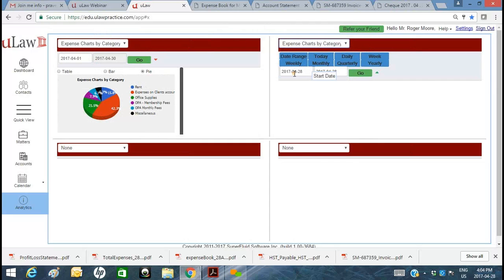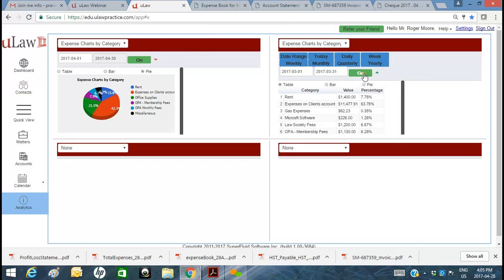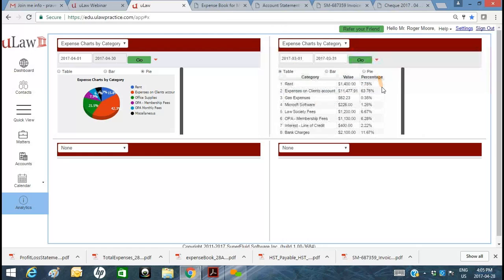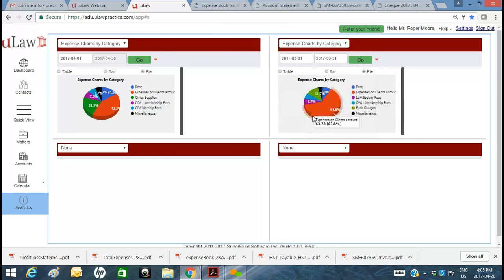How was it for me last month? You can do so in a snapshot. Now that you've captured all the data, this is the power of the analytics engine, telling you that compared to last month, in fact, last month, your expense on client's account was 63%, whereas in the month of April, it's now only 42%.